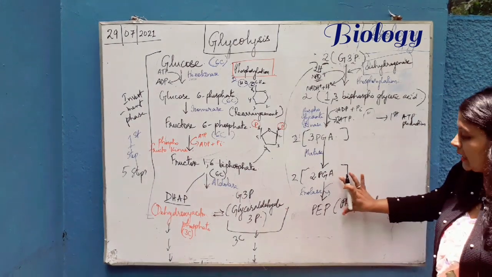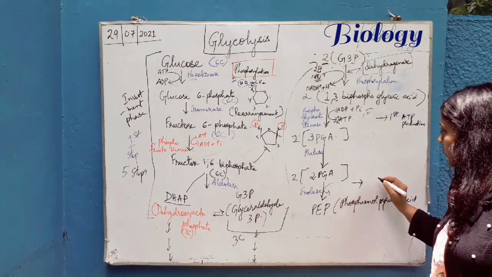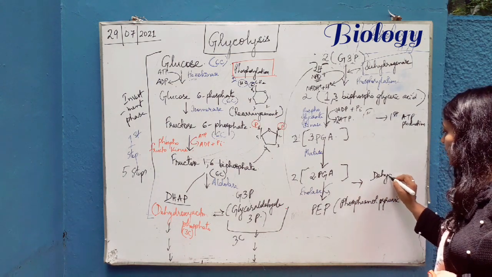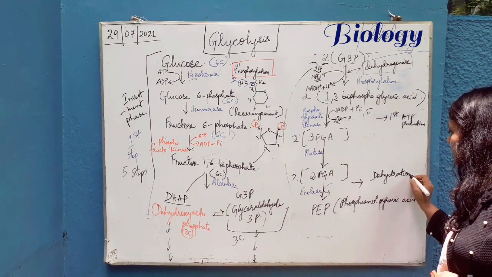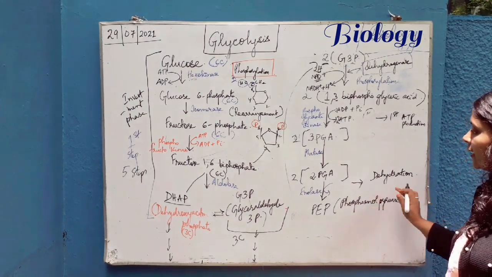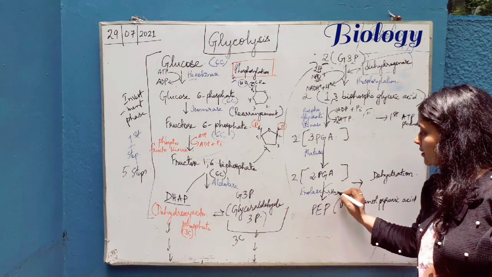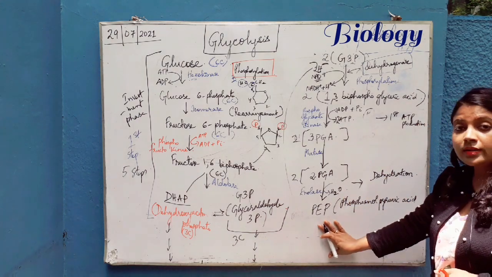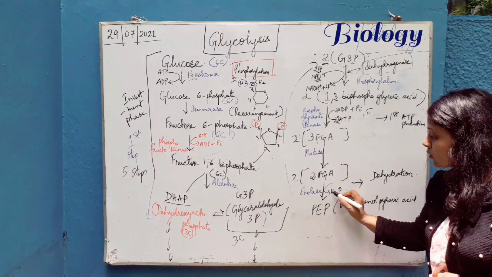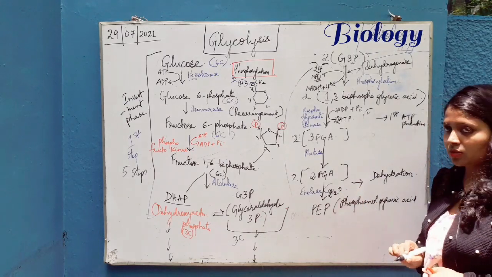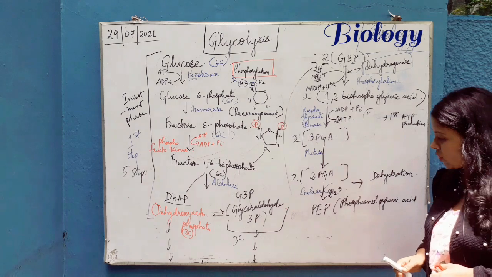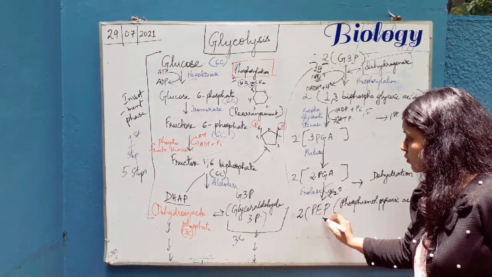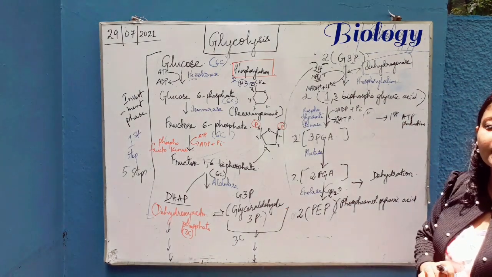Between PGA and PEP, they have undergone dehydration. When they undergo dehydration, water will be released. So water is removed from the compound. In this case also you will write 2 molecules of water, because everywhere it is repeated twice. Then this phosphoenolpyruvate is also 2. Okay. So this has to be kept in mind.